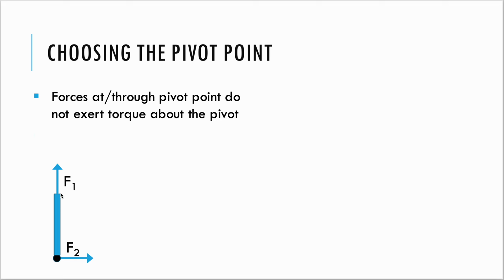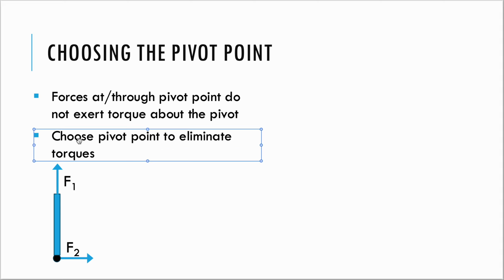We can see in this diagram, F1 is going through the pivot. If we extend it, F2 is at the pivot. These forces do not exert any torque because the distance is 0. Therefore, what we want to do when we're choosing the pivot point is we want to choose it at a location to eliminate torques that we don't have enough information about and that aren't going to help us solve our problem.